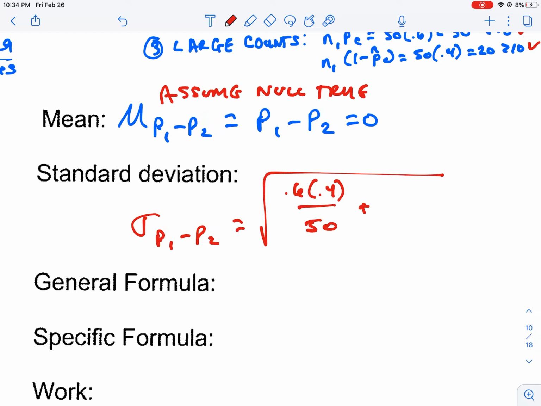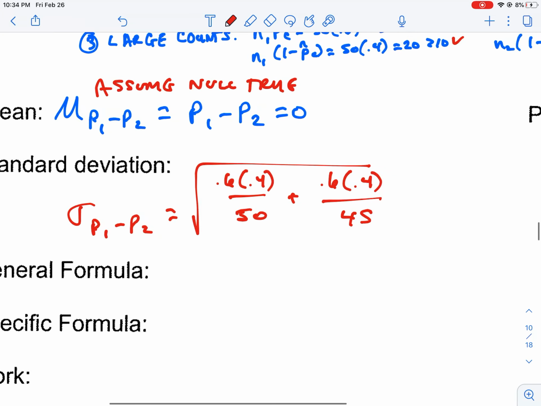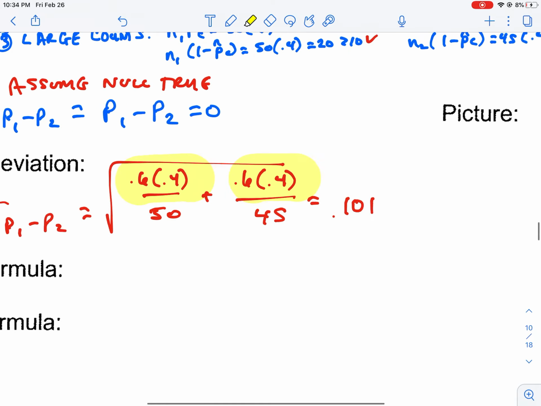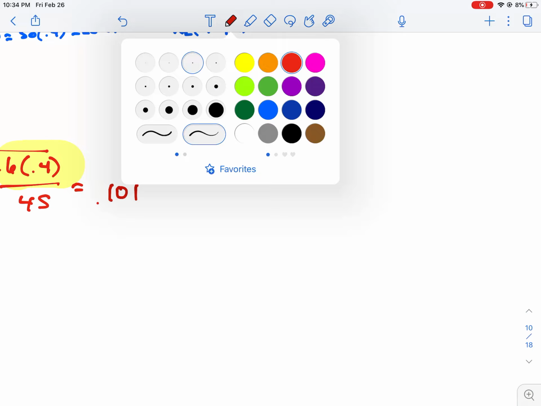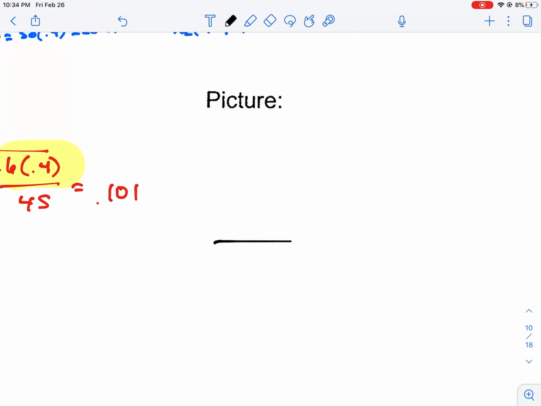Of course, that's representing p hat sub c, and we're going to put that over 45. And when we do this, we get its value to be 0.101, and that's our standard deviation. Keep in mind right there, use your p hat sub c to determine that numerator in both of your variances. Here's where we make the money, right here on the picture.